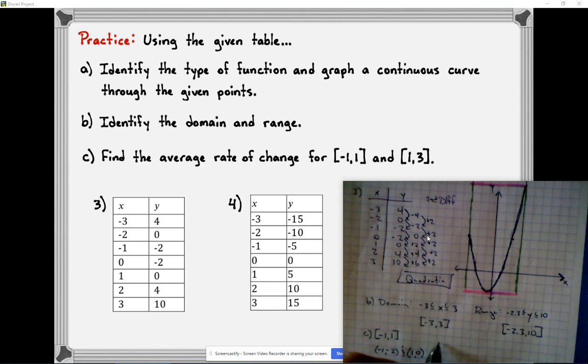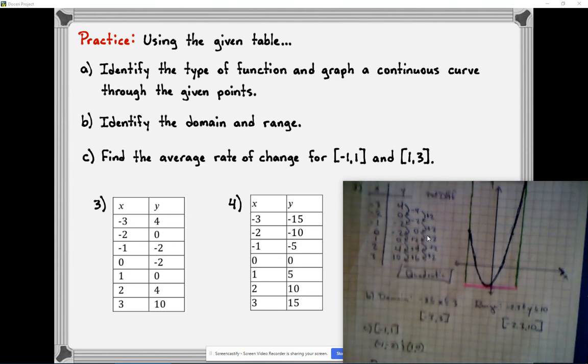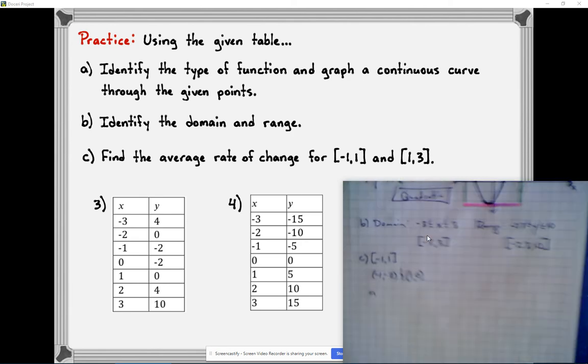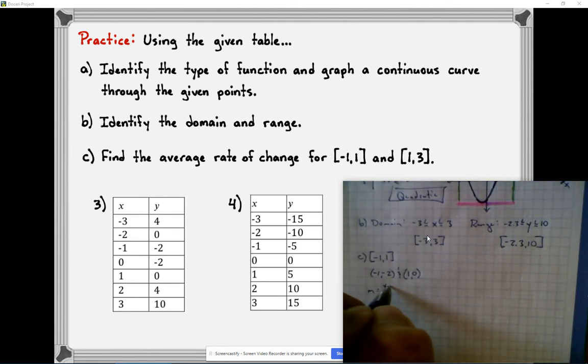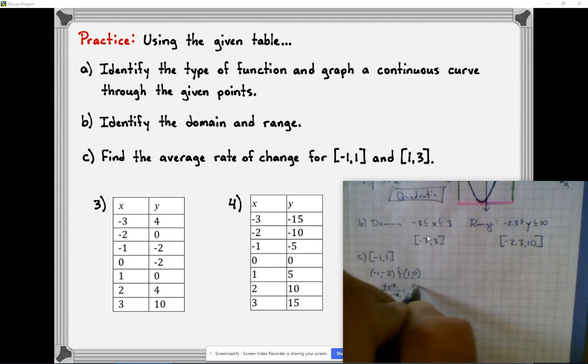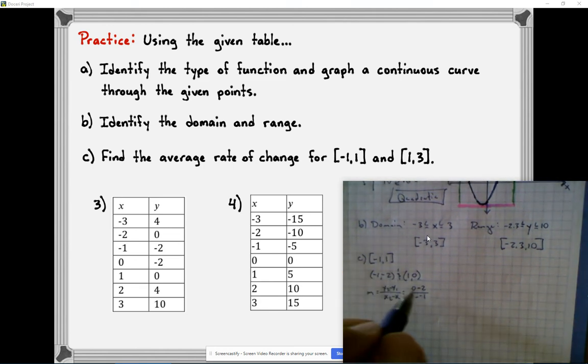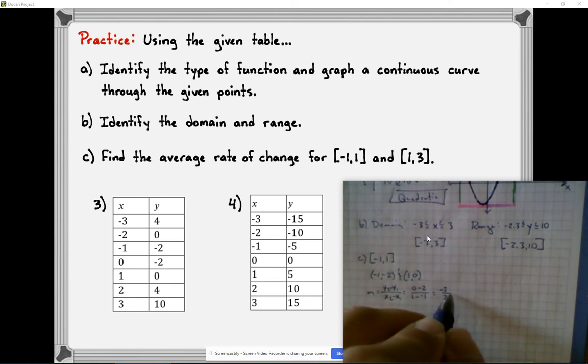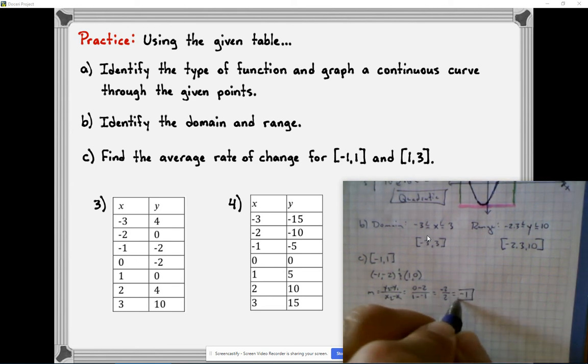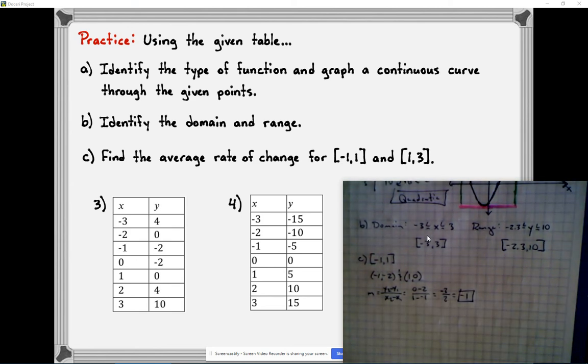Remember the slope is y2 minus y1 over x2 minus x1. So we're going to get 0 minus negative 2 over 1 minus negative 1. Okay, so 0 minus negative 2 is 2, and 1 minus negative 1, you do the keep change thing, is 1 plus 1, which is 2. So our slope is 1 for that interval.